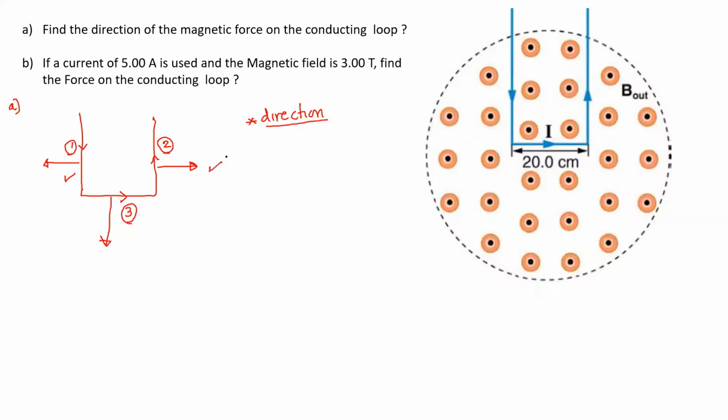It is also correct. The last one, current is this way, and B field is like this, down. So all are correct. And what can you tell about the forces acting on 1 and 2?